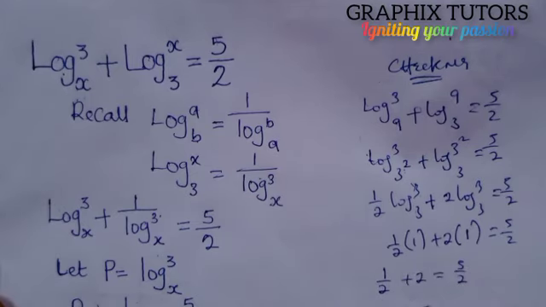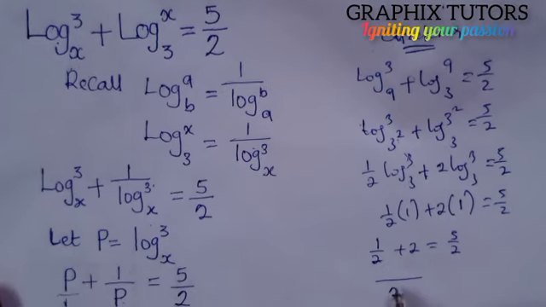So if you look for the LCM of this, it is 2. 2 into 2 is 1, 1 times 1 is 1, plus 1 into 2 is 2, 2 times 2 is 4. So we're having 5 over 2. You say 1 plus 4 is 5 all over 2. See that our value is correct, right?